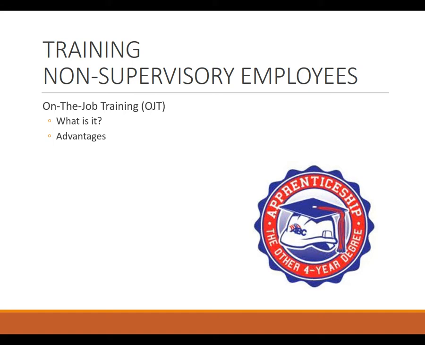For example, a person may have to work a cash register. With on-the-job training, an employee may teach them this method right at the very cash register that they're going to use. All right. The big advantage is what we call positive transfer. Transfer of training refers to the ability to take what you've learned in one environment and apply it in another.